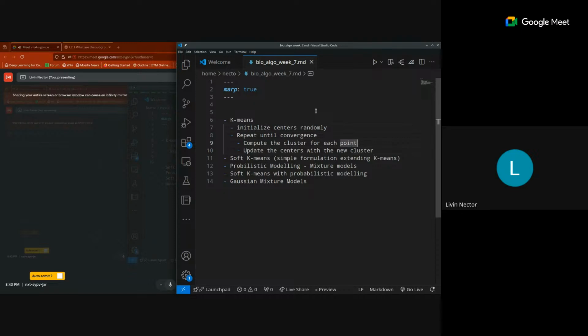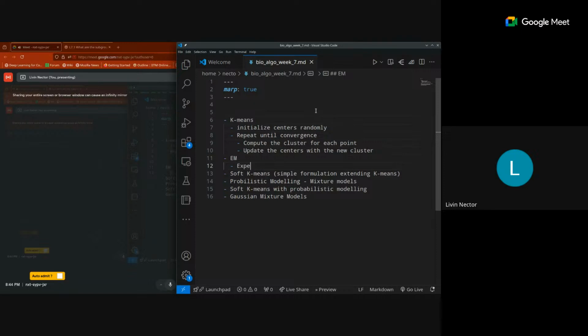So in general, this algorithm is a very specific case of what we call an EM algorithm. EM algorithm might not have been introduced until now, but we'll think about it. What is the EM algorithm? It is expectation and maximization. In the expectation step, in accordance with week 7, we find the responsibilities.